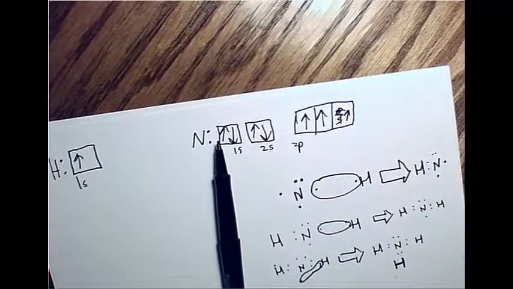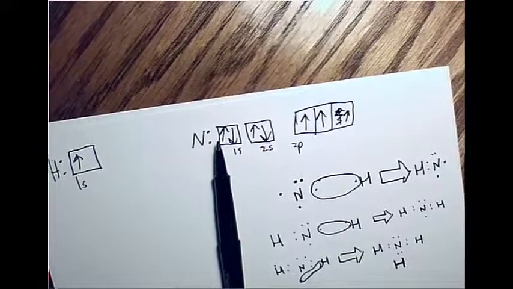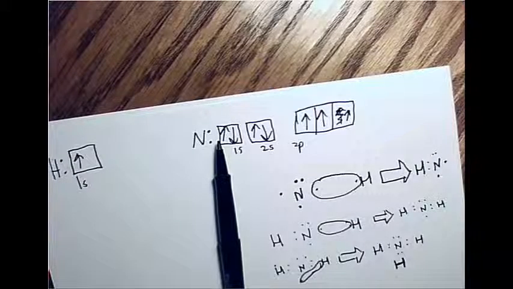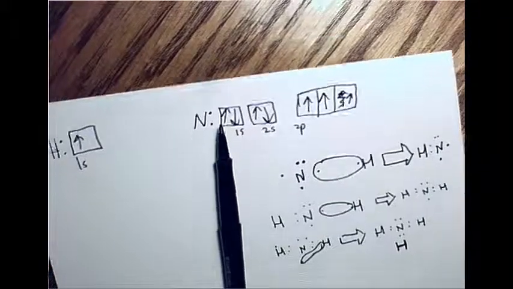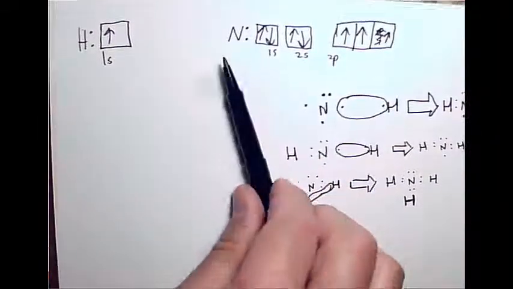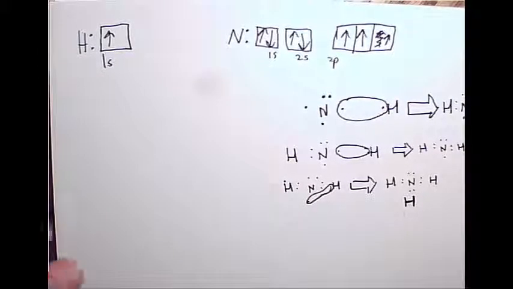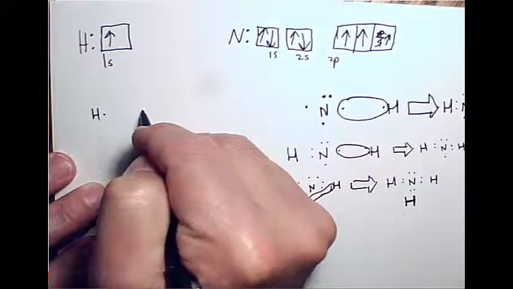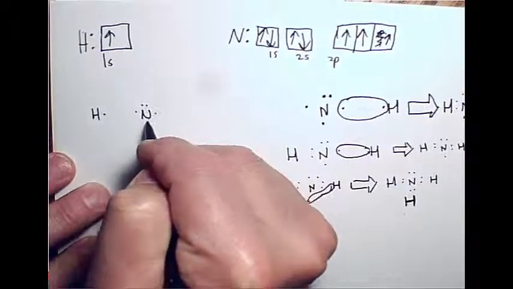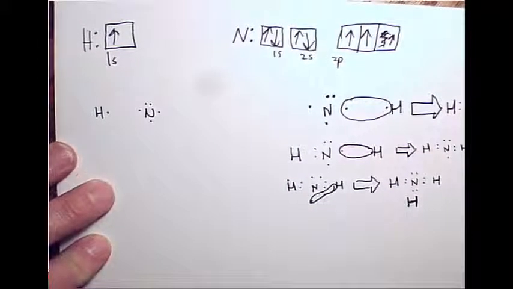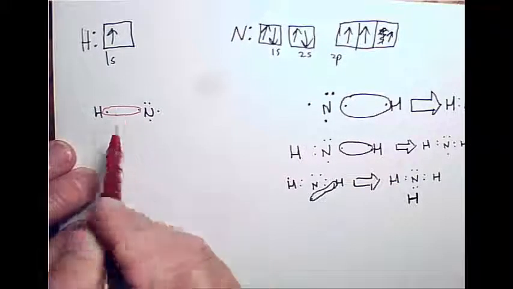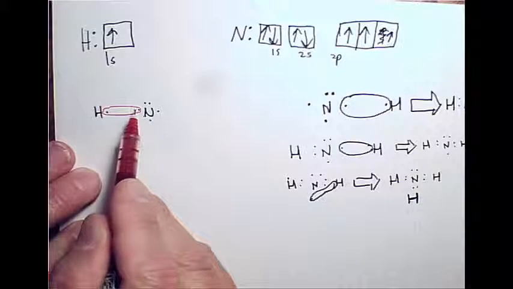All right, you got to get to the point where all the atoms except hydrogen have 8 electrons, and the hydrogen only needs 2 because it only has 1 primary energy level, which has only an S sublevel. So you have hydrogen with 1 dot and nitrogen with 5 dots. If I share just 1 electron, this is where they started right here.